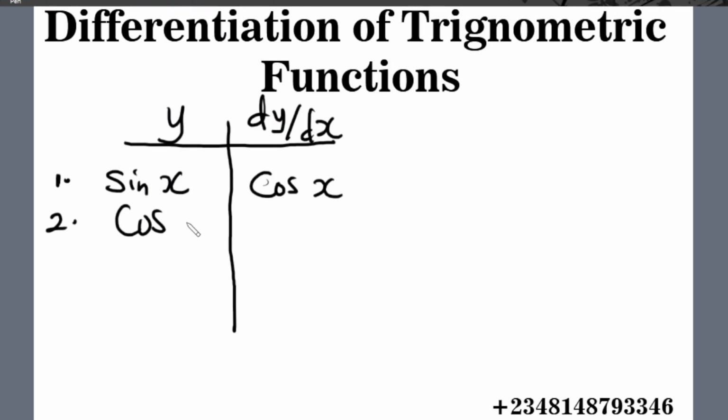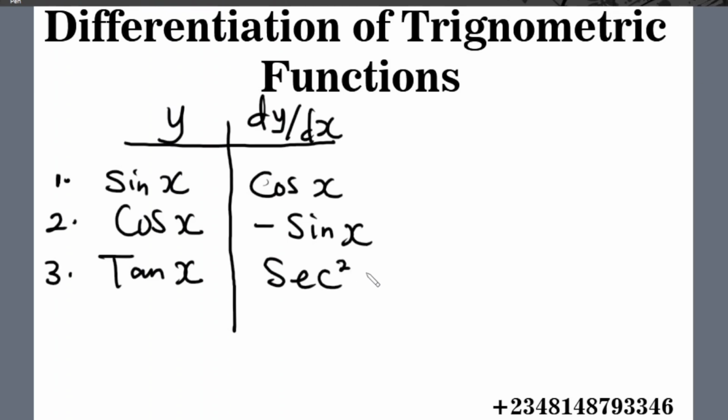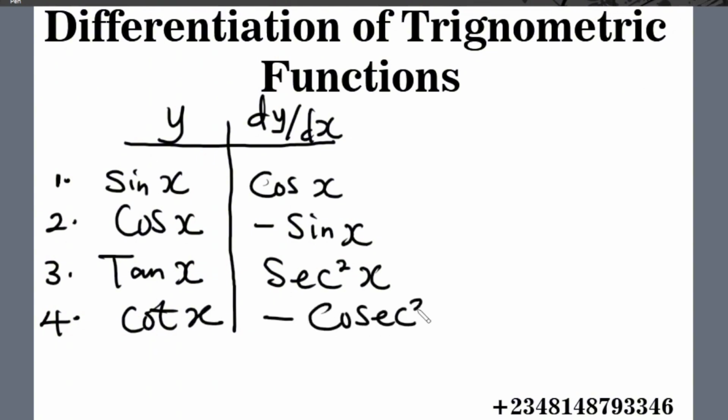If we are to differentiate cos x, it would give us negative sine x. If we differentiate tan x, it would give us sec squared x. If we differentiate cot x, it would give us negative cosec squared x.